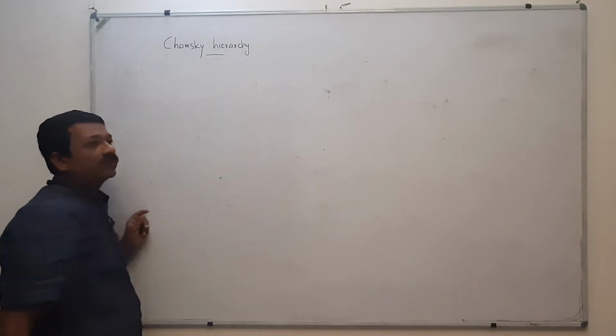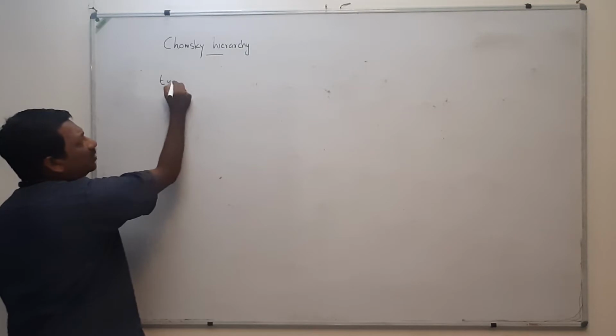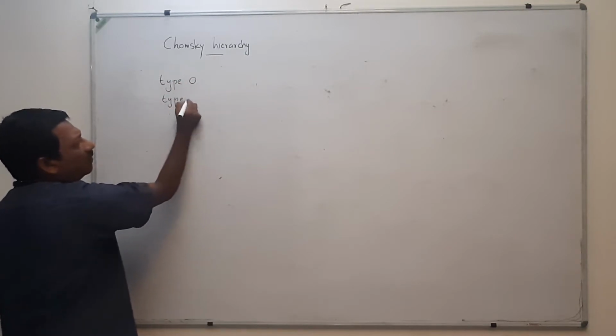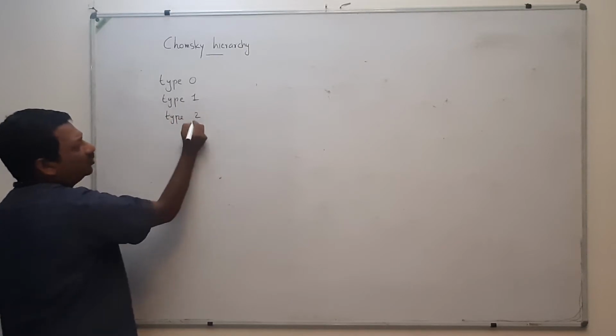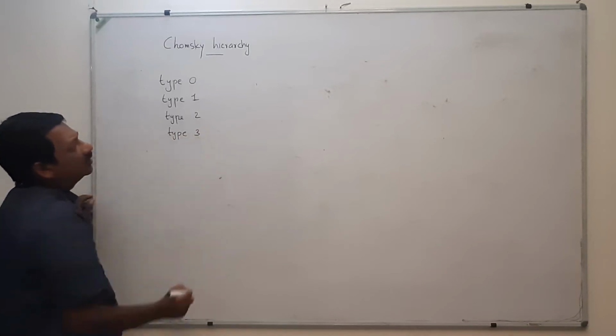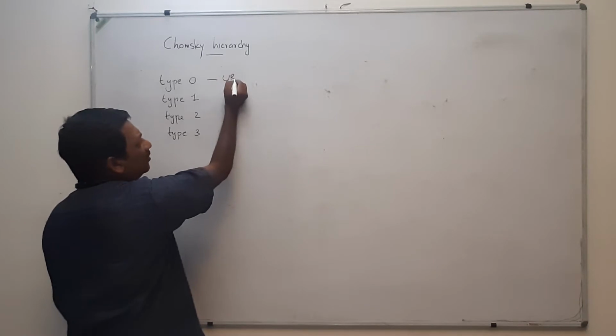Up to now, we have discussed these languages: type 0 grammar, type 1, type 2, type 3. Type 0 grammar is otherwise called unrestricted grammar.